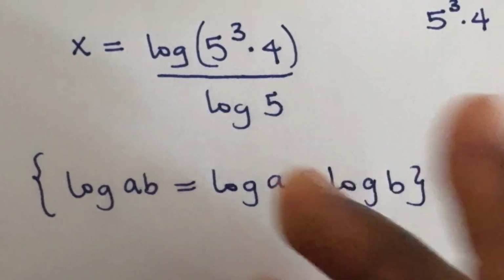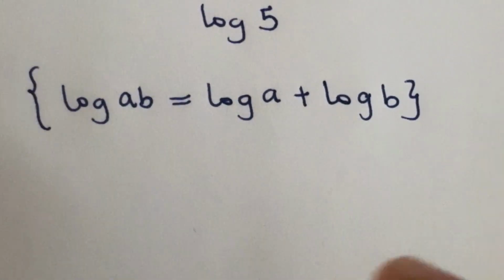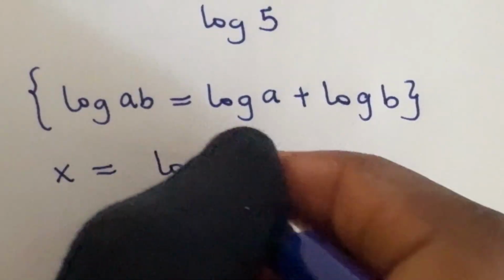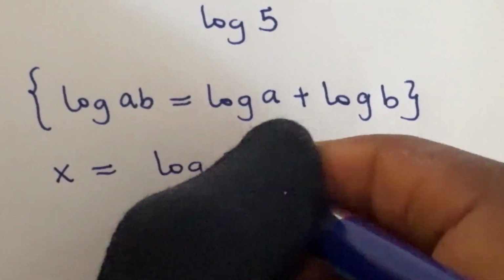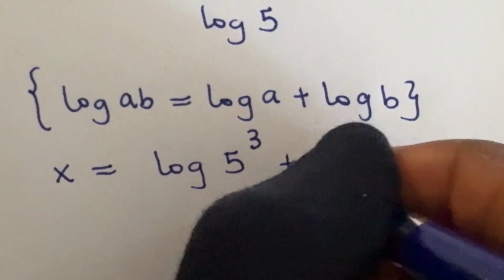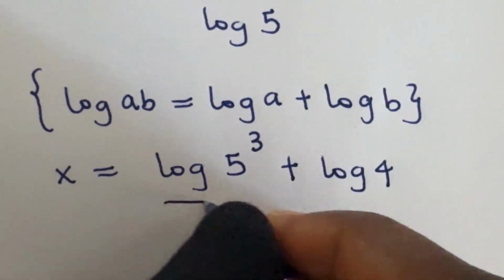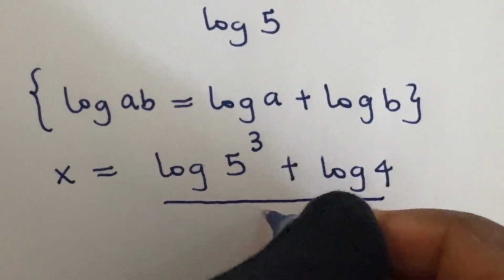Therefore, x here can be expressed as x is equal to log 5 raised to power 3 plus log 4, then all divided by log 5.